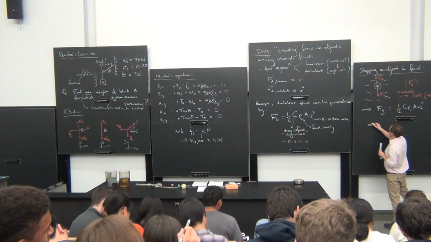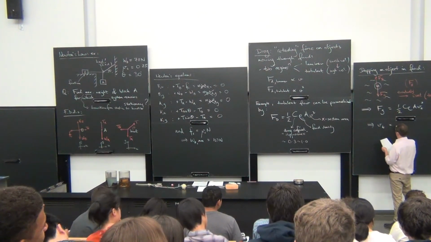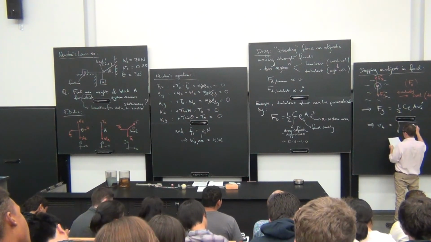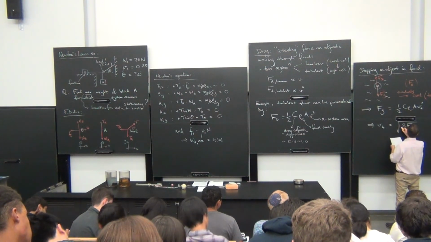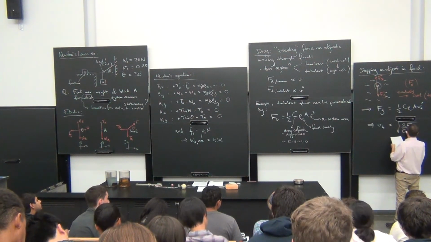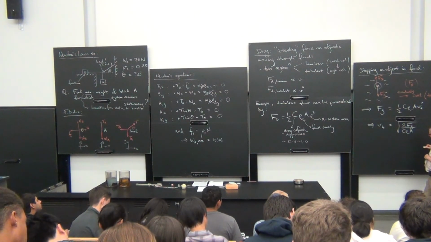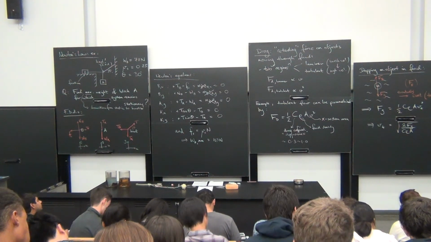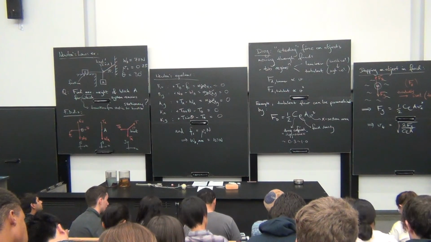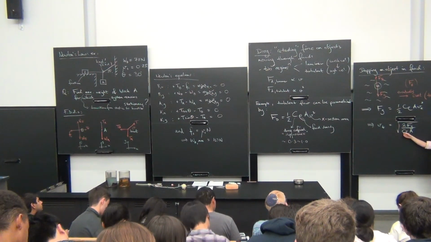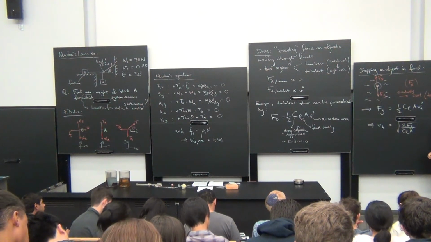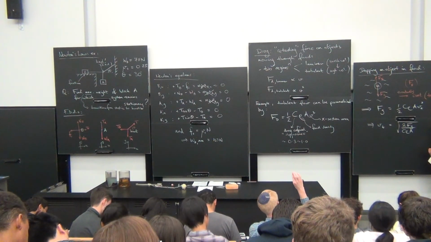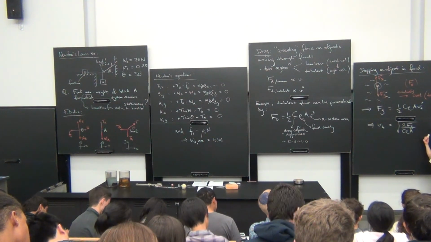And a simple rearrangement of this will allow us to determine what the terminal velocity is, simply by rearrangement and plug and chug. So if I've got a certain mass object, I know its weight, I know the parameters of the fluid, I know its cross-sectional area, so on and so forth. In principle, I can determine terminal velocities. I'm going to give you some values for this in just a moment.